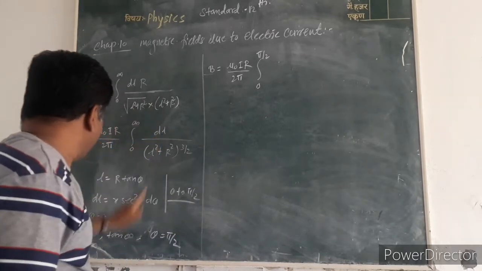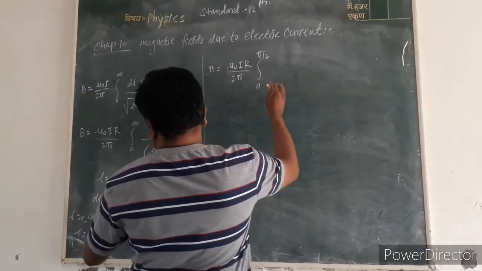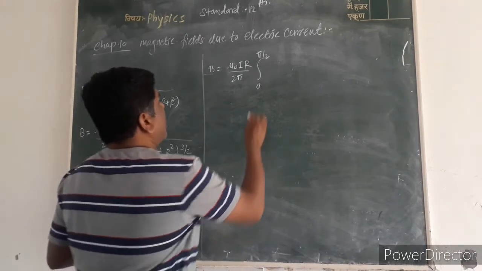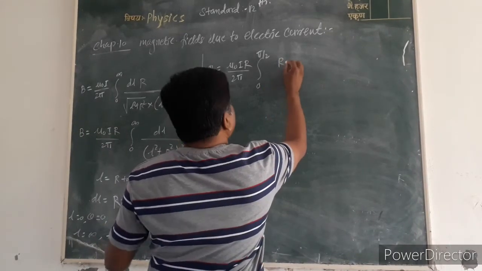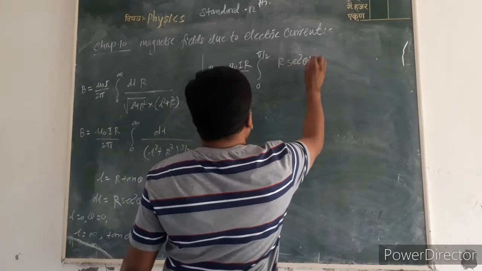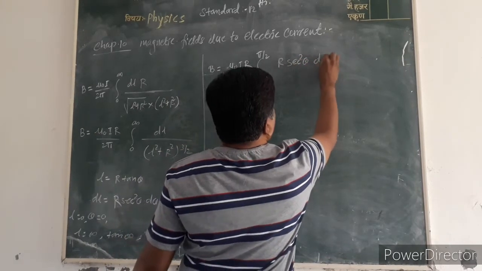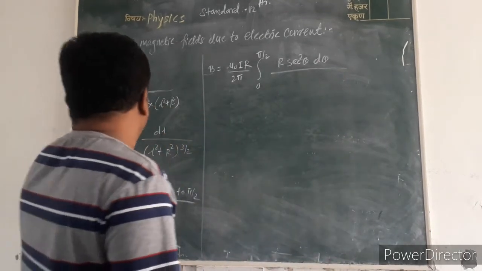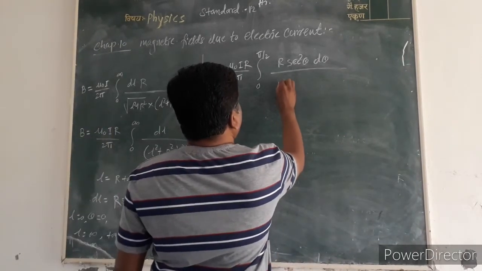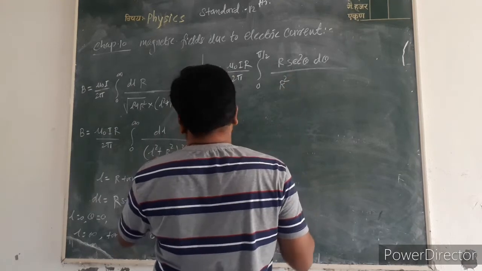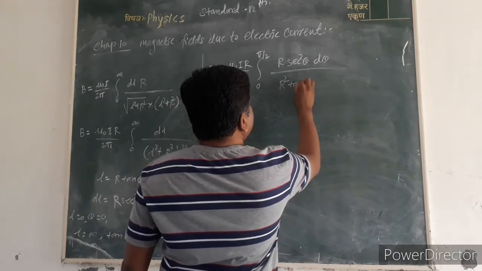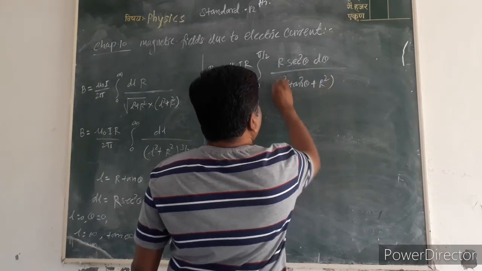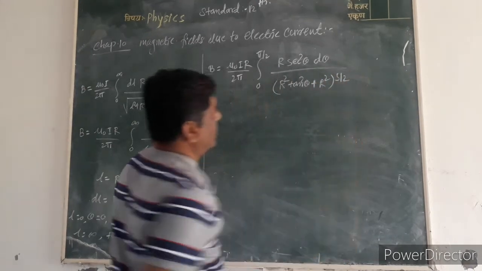Instead of dl we can write r sec square theta d theta divided by (r square tan square theta plus r square) raised to 3 by 2.